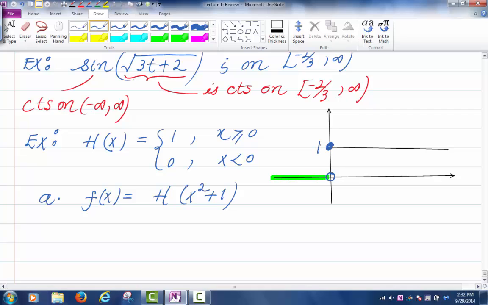That's how the graph looks. And so this Heaviside function is discontinuous at 0.